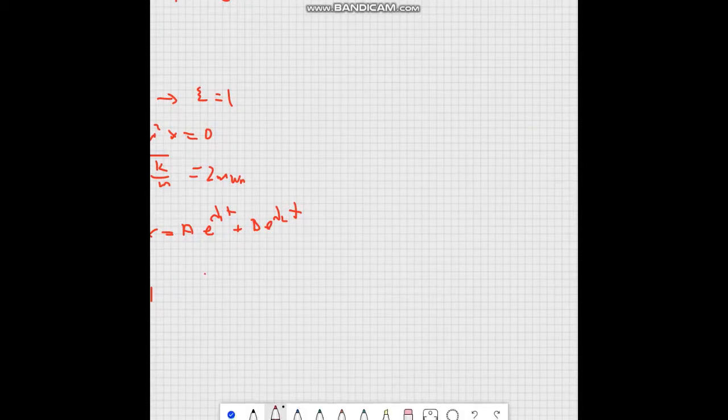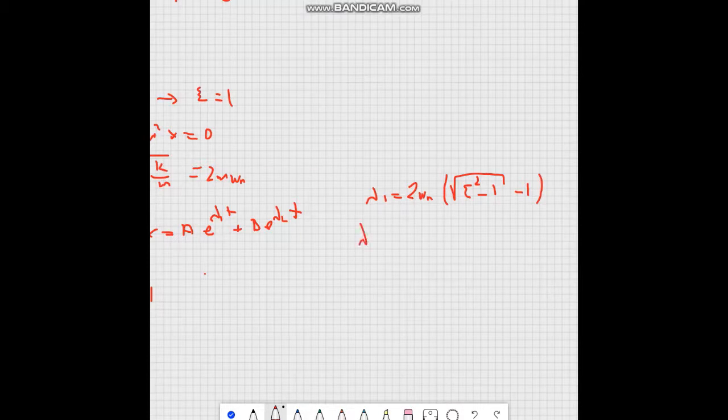Let me give these too. Lambda 1 is equal to 2 natural frequency multiplied by the square root of psi squared minus 1, close the square root, minus psi.